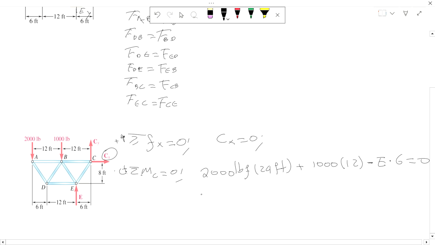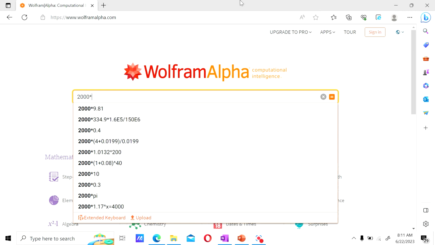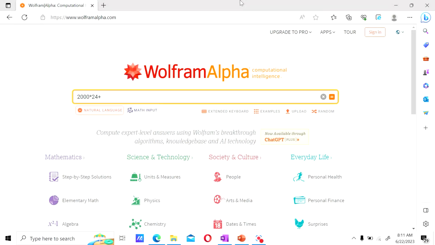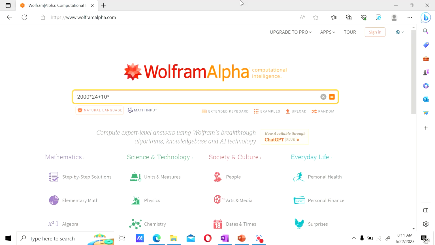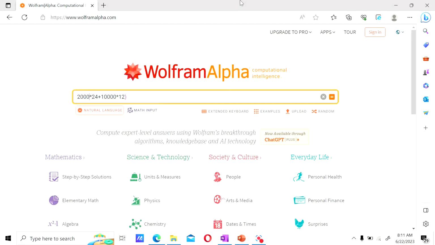That will tell us that E is equal to 2,000 times 24 plus 1,000 times 12, and this whole thing divided by 6.